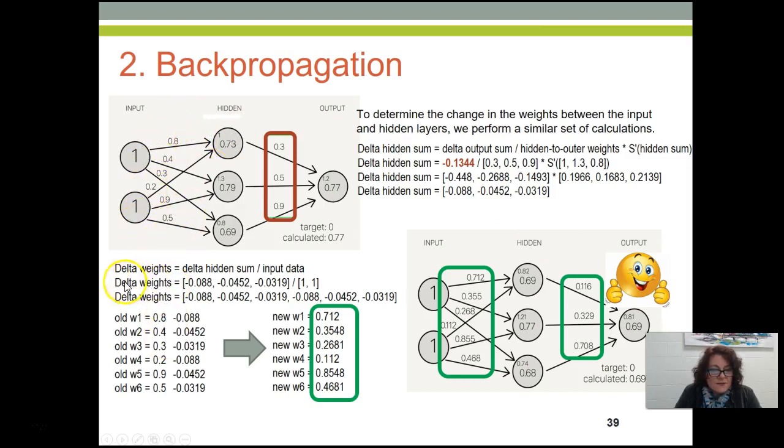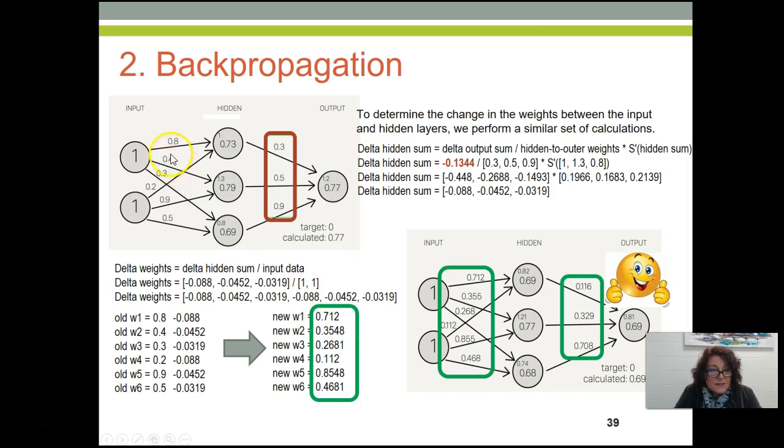So now that we have the delta, that is the amount by which our input weights have to change, we have to set them in relationship with our input attributes here. Luckily, those are 1 and 1. So if we divide the delta for our weights by the values of our input attributes, really nothing changes much. So that our old weight 1 of 0.8 is adjusted by minus 0.088, and our new weight 1 becomes 0.712.